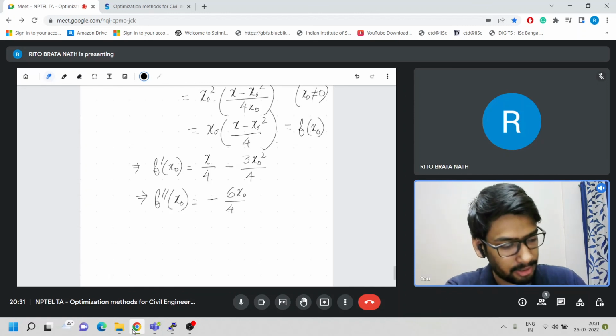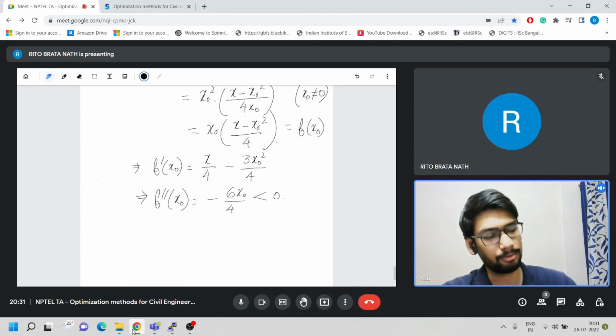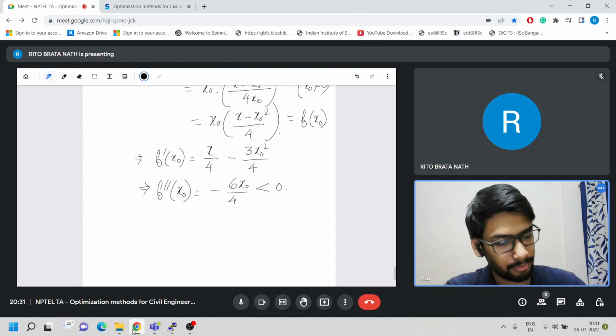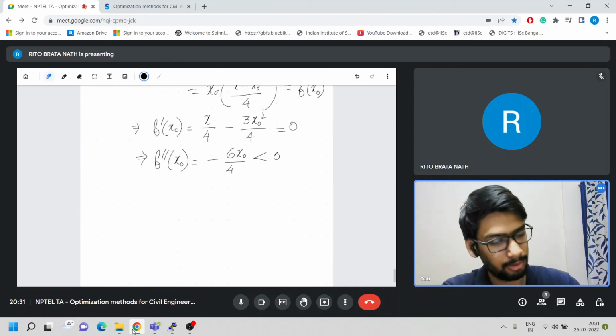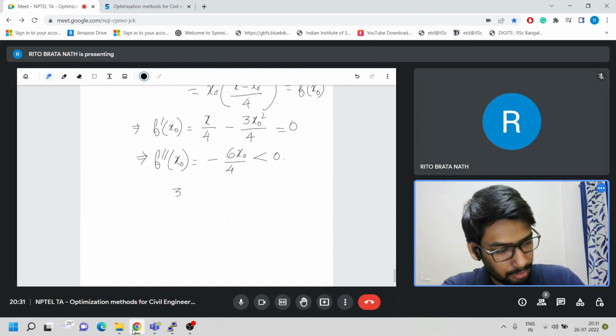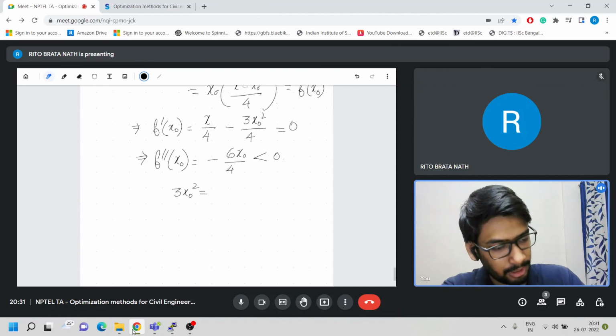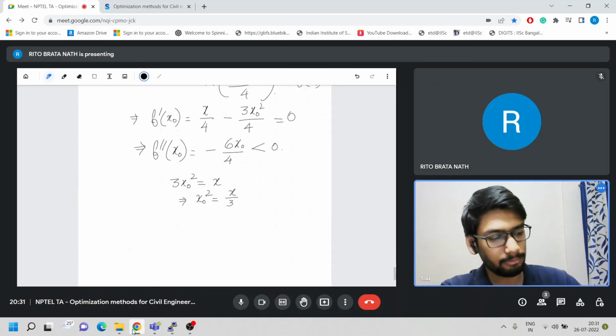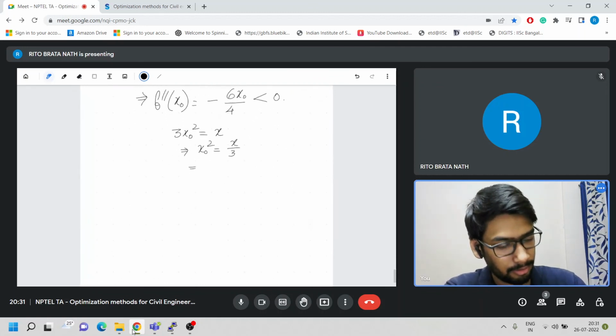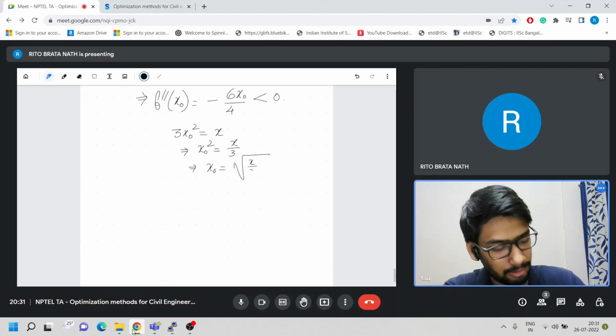Since x naught is positive, this is greater than 0 in magnitude, with the sign as shown, and that will give you maxima. So now set this part to be 0, which gives you 3 x naught squared equals x. Your x naught squared is x by 3, and that will give you your x naught. It's nothing but root of x by 3.